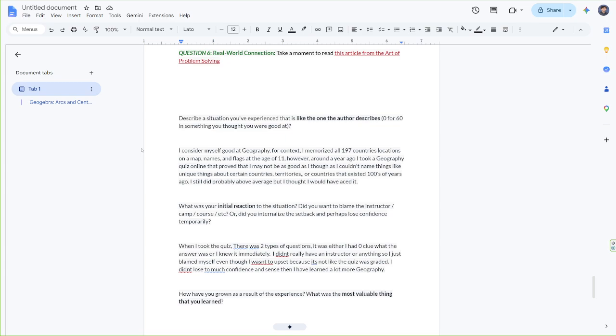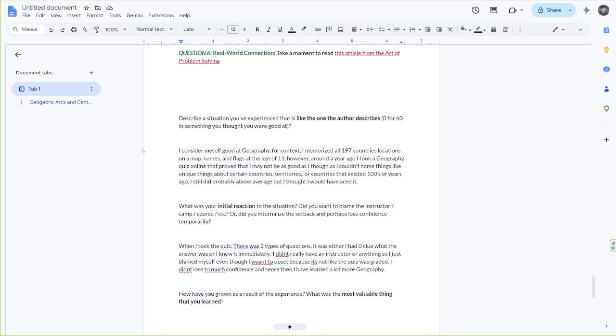And a year ago, I took a geography quiz, not graded or anything, but just one online, that proved to me that I wasn't as good as I may have thought I was. I think I still did above average, but there were things like territories and countries that existed prior to now that I didn't know about.